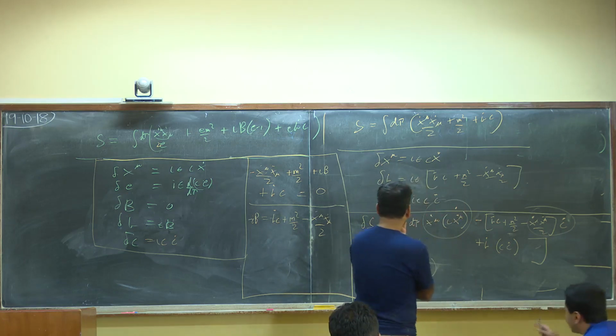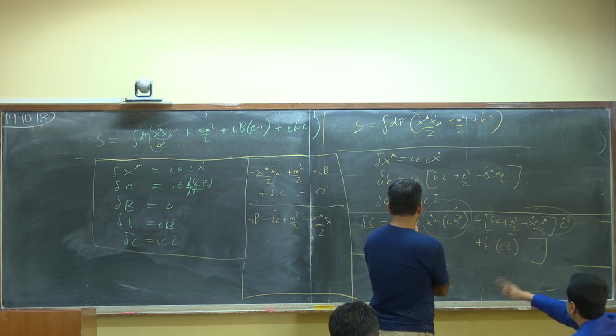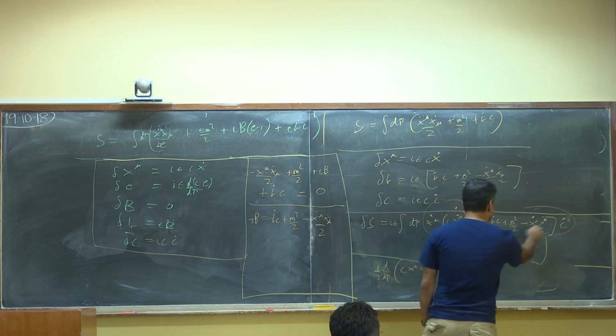So the first time the derivative hits c, which gives us that term, and the other time the derivative hits c x mu dot with the other x mu taken out. Oh, I'm sorry, something's wrong. There are some sign issues here.